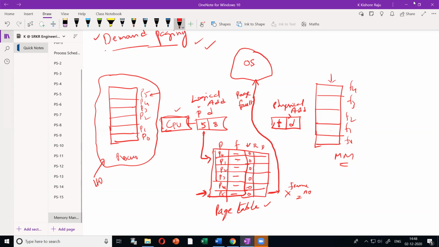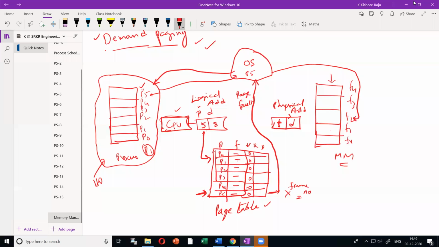The CPU is requesting P5 in process P1, the 5th page of P1. The operating system immediately goes to the hard disk. Is P1 there? Yes. Does it have the 5th page? Yes. Then it will return P5 and bring it back to the main memory.